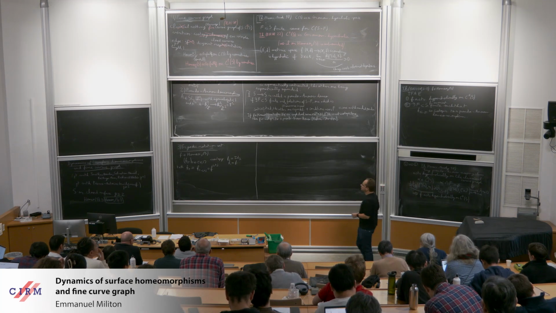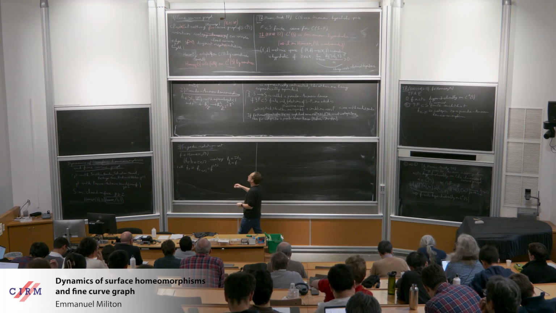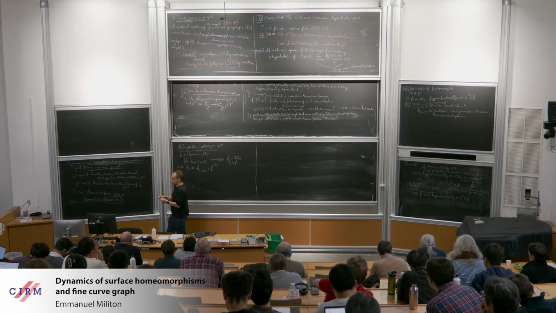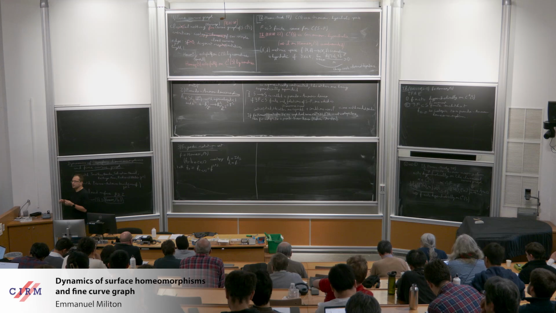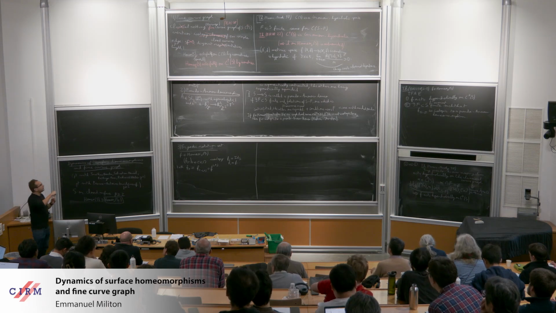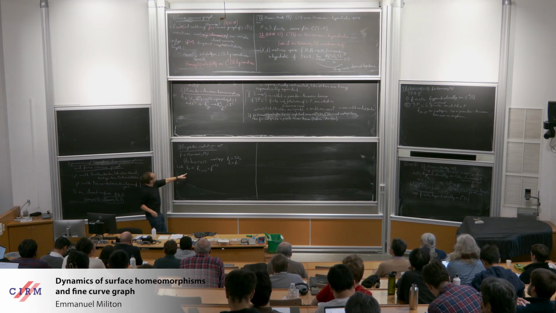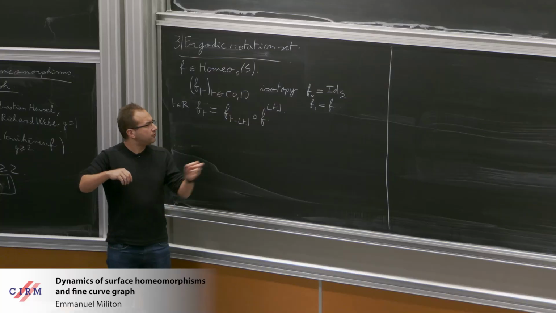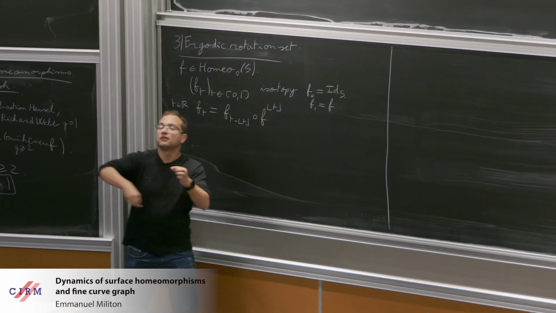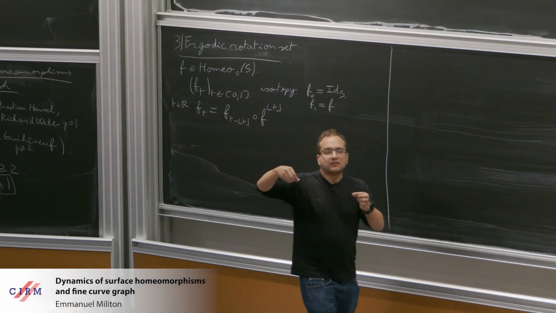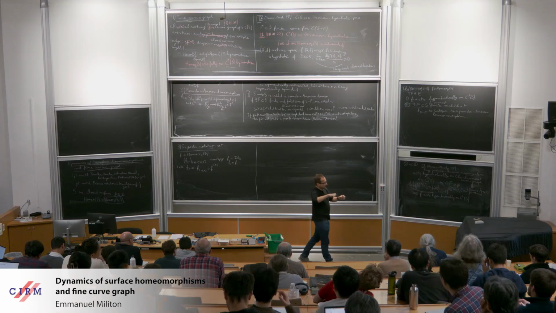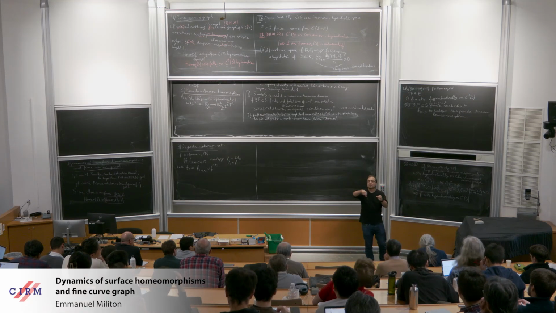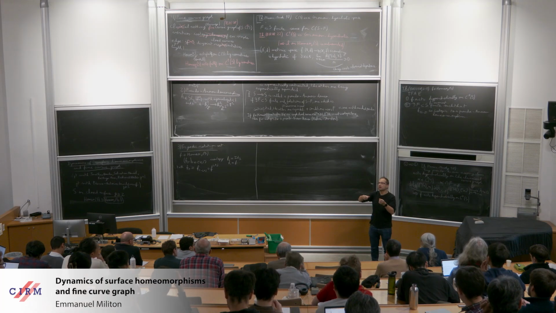Okay, so this is what we call a rotation set. To say something about rotation, we will take a point, follow this kind of flow line for a long time, then close this thing to obtain a closed curve.